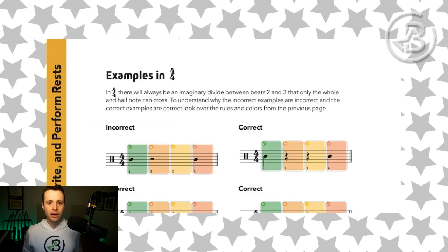It's like an imaginary barrier that nothing can pass except for 3 things: a whole rest, a whole note, and a half note. So let's see some examples of this in application.